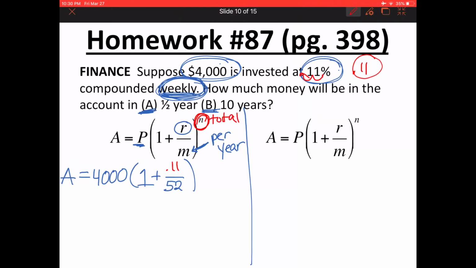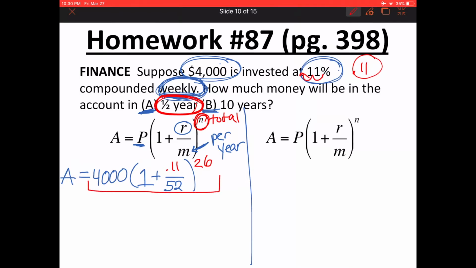Now in example A, I am being told that this is going on for half a year. Half a year is 26 weeks. So that means I only had 26 compounds, because if there's 52 weeks in an entire year, there's 26 in half a year. So I hope that made sense going through all those steps.